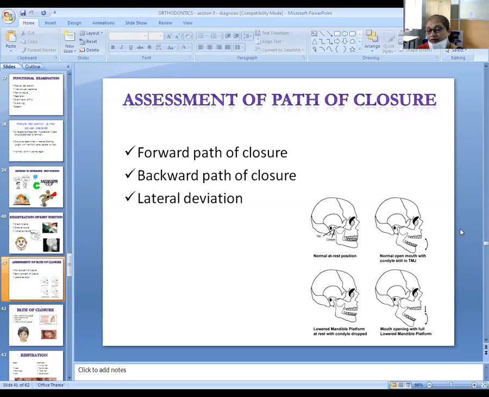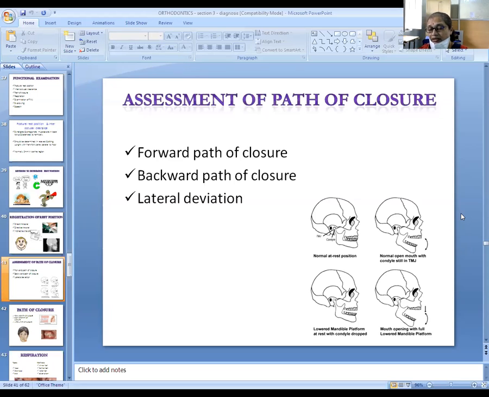Then path of closure. Have you studied this? I'm sorry, the time is very less, so this will be the last slide. There are three types of path of closure: forward path of closure, backward path of closure, and lateral deviation.